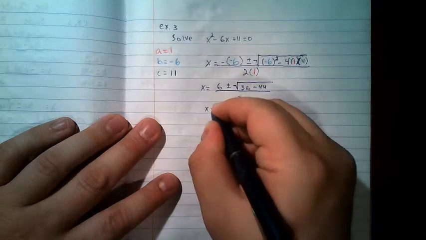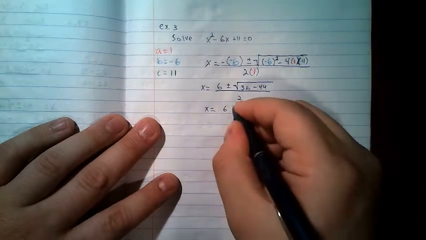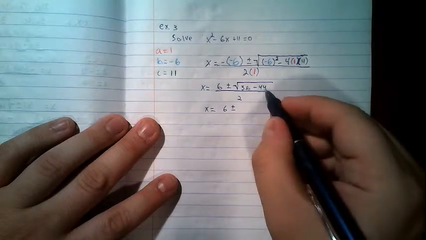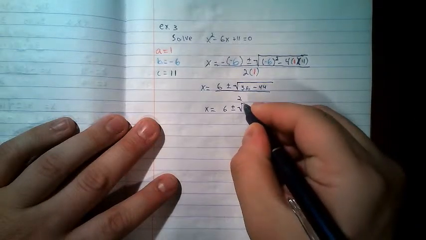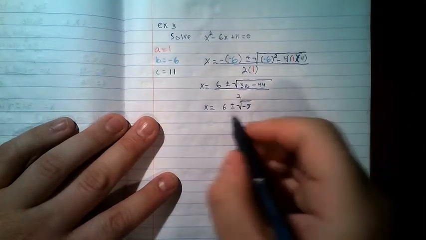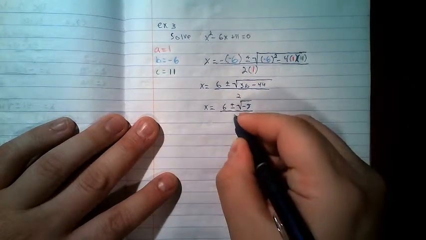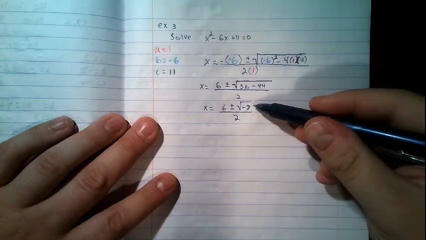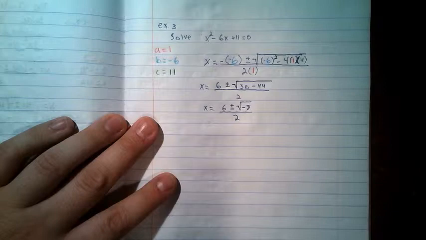And I've got x equals 6 plus or minus. Now 36 minus 44, so it's a square root of -8, all over 2. And that should look funny to you, because we can't take the square root of a negative number.